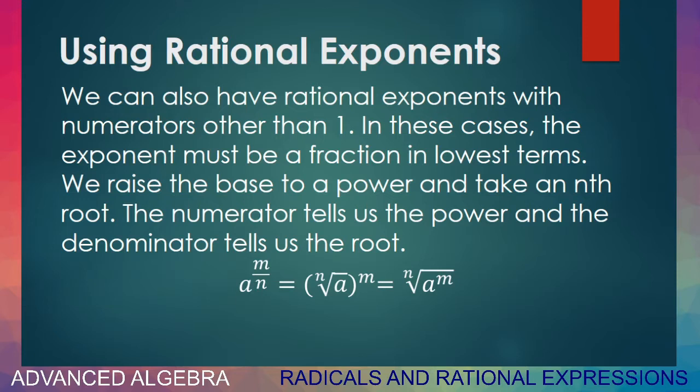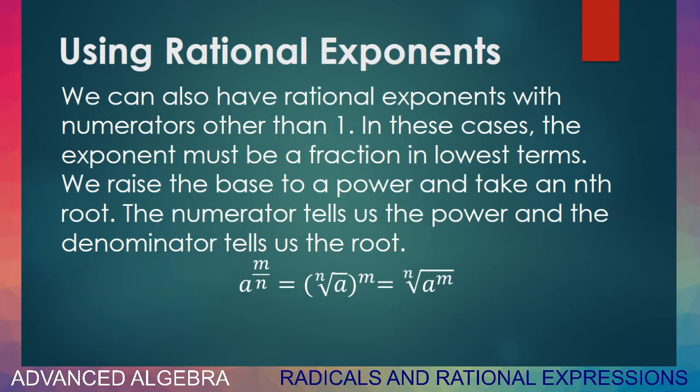So, in this case naman, yung numerator and denominator natin, meron tayong value parehas. Yung kanina, value lang natin is 1, hindi napapalitan. Ngayon, pwede natin palitan. So, nakadepende pala yan. So, in this case, the exponent must be a fraction in lowest terms. Para hindi tayo mahirapan, dapat yung fraction natin is naka-lowest term na.